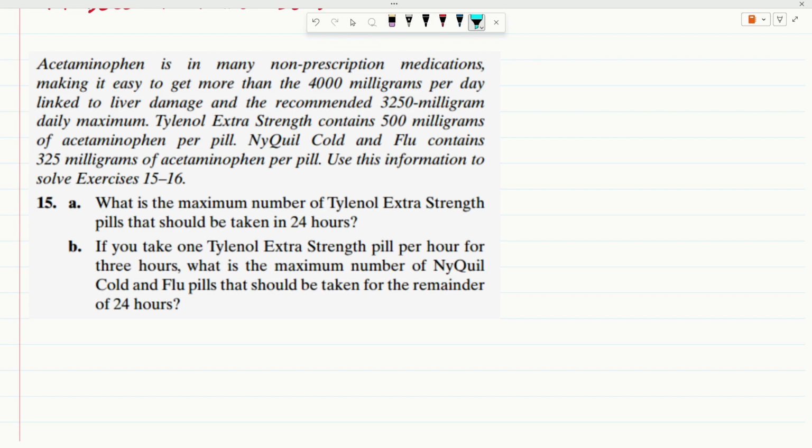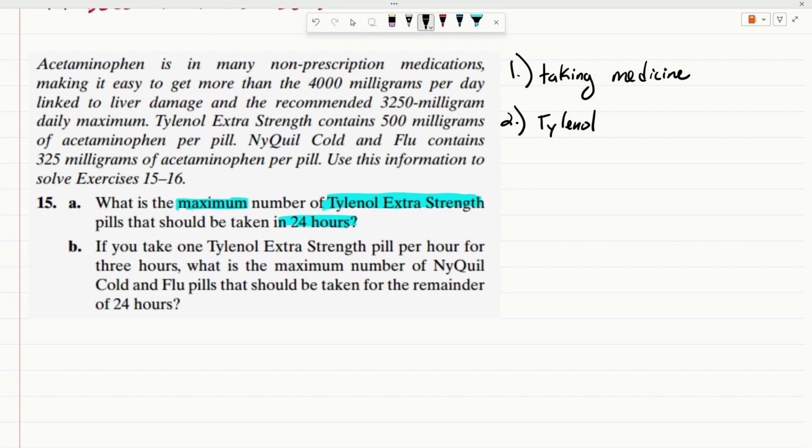First thing, what is the maximum number of Tylenol Extra Strength that we could take in 24 hours? Okay, so this is the max number. So what's happening in this problem? We're taking medicine. That's it. No math. 2, what do we know about this medicine? Well, we know it's Tylenol Extra Strength.